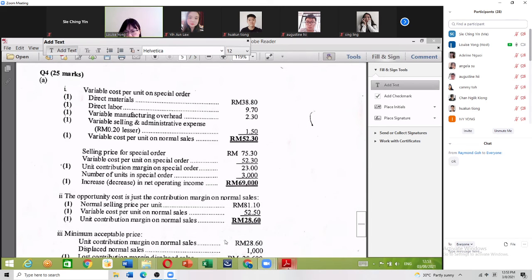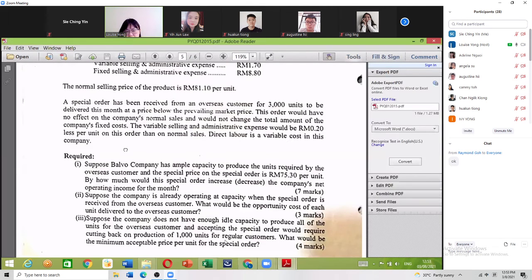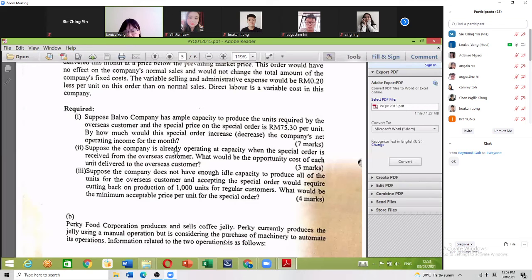So the second one, number 2. Suppose the company is already operating at capacity when the special order is received from the overseas customer.